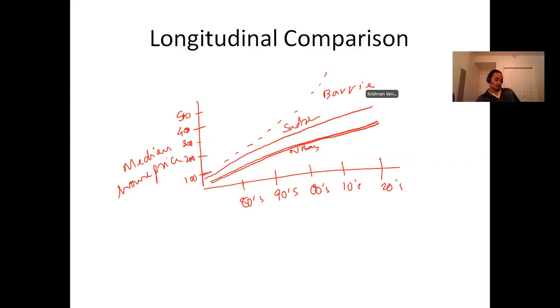So that would be a longitudinal comparison, because not only are you comparing median home prices at any given point, say in the 80s, you're comparing over different time points. You're comparing the cities with each other, but also with how they've changed over a period of time. And that's what makes it a longitudinal comparison.